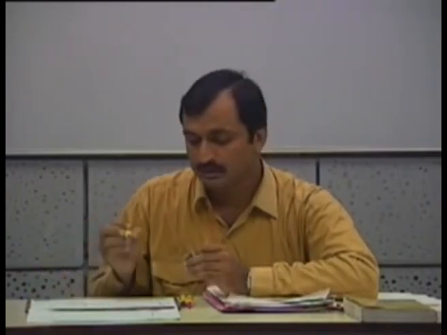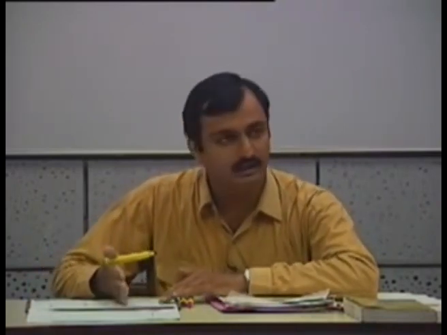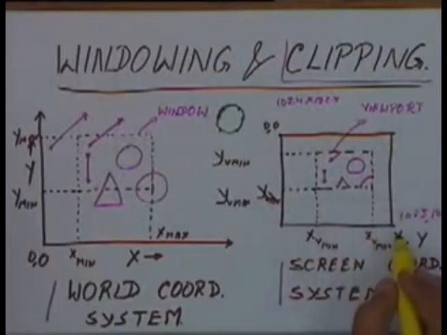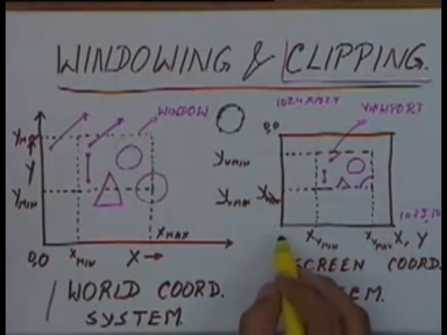Our basic idea is that in clipping, we'll try to remove as many entities as possible without displaying them, because we know the display is slow. In display you are going to compute the details of each and every pixel. And in fact, if you remember, in some of the display algorithms we are using space which is proportional to the number of pixels.